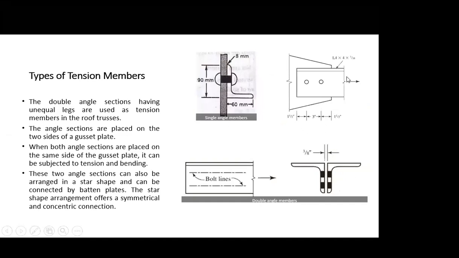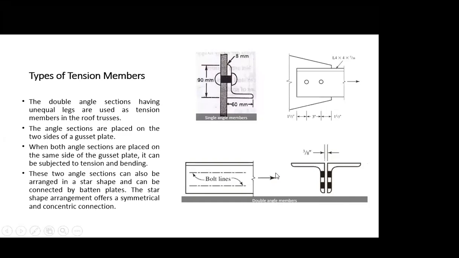Finally, the problems we are going to do in our further classes are based on single angle members and double angle members. The single angle member is connected with the gusset plate. This is a double angle member having a gusset plate in the middle.